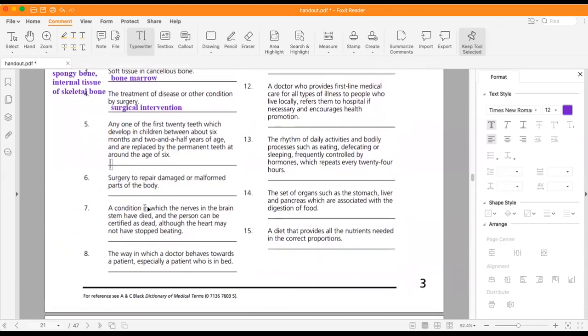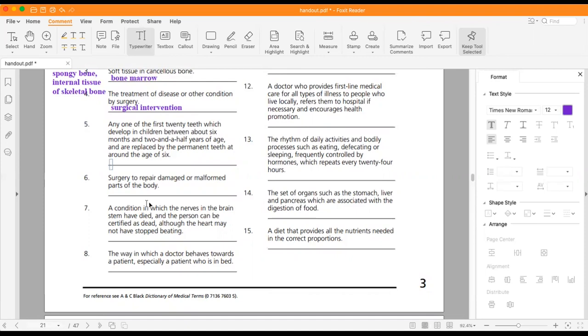Number 5, any of the first 20 teeth which develop in children between about 6 months and 2.5 years of age and are replaced by the permanent teeth at around the age of 6.